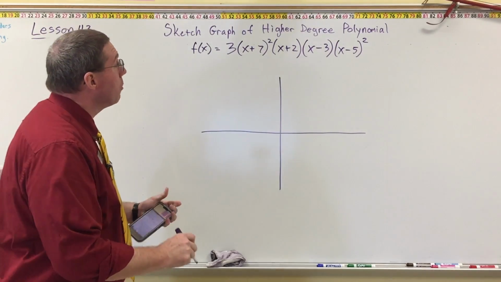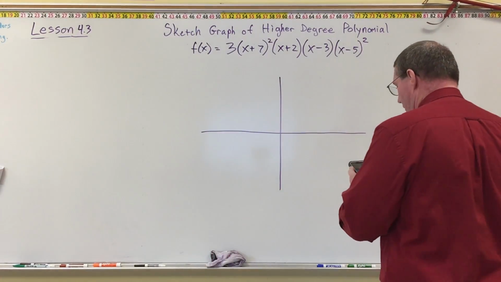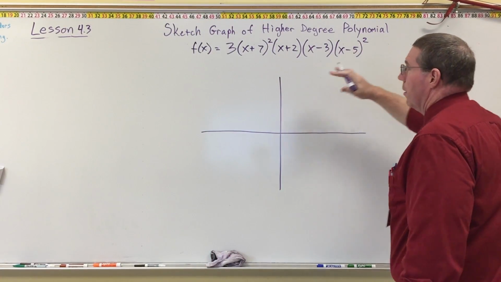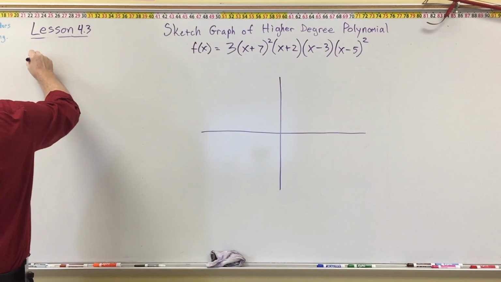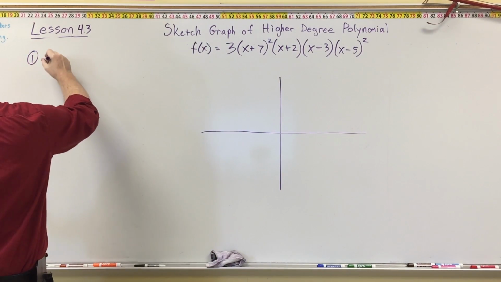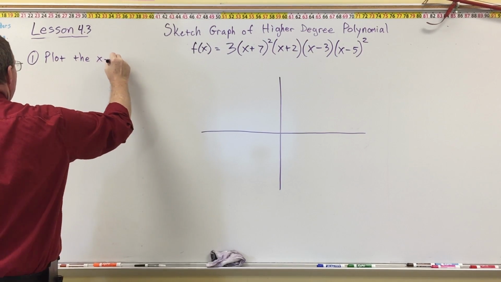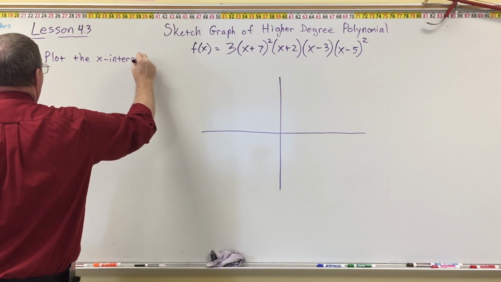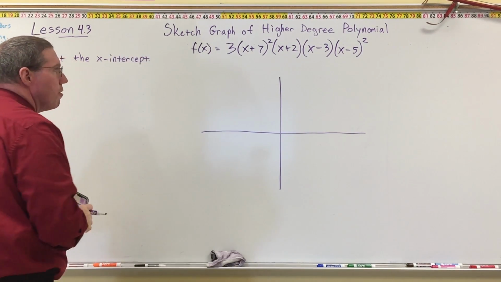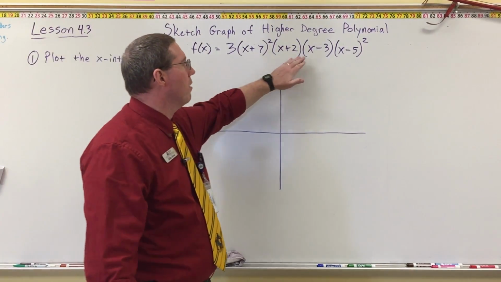All right, so the first thing we're going to do in order to sketch the graph here is, let me start over here. Step 1 is you're going to plot the x-intercepts. There is going to be an x-intercept generally for each one of these.